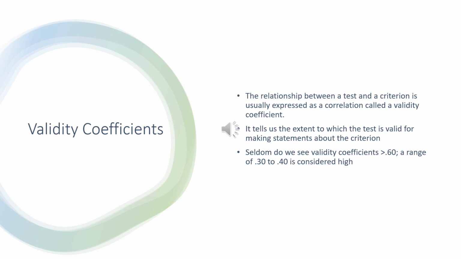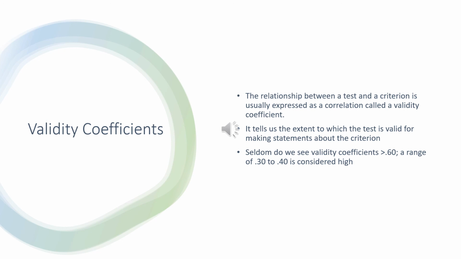For example, can we look at a particular score on the GRE and predict success in graduate school? Another example, can we look at a score on an eating disorders inventory and decide that the person has a diagnosis of an eating disorder?